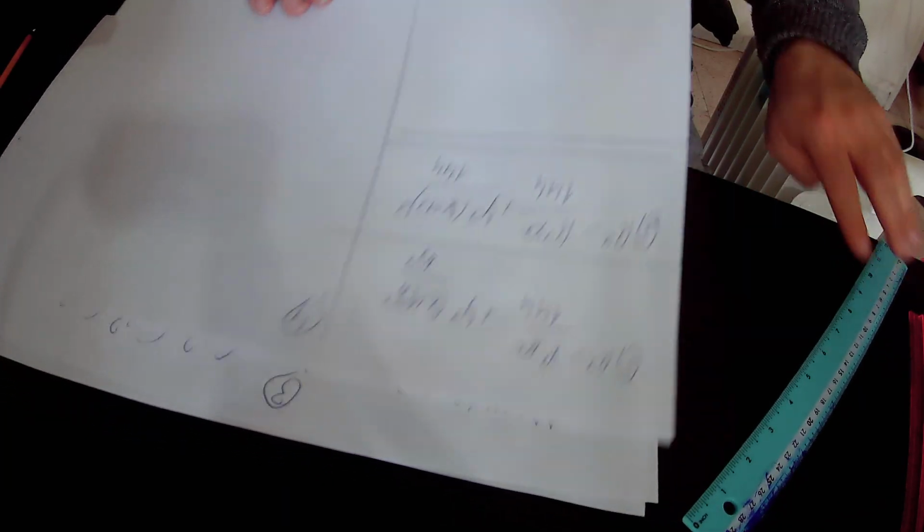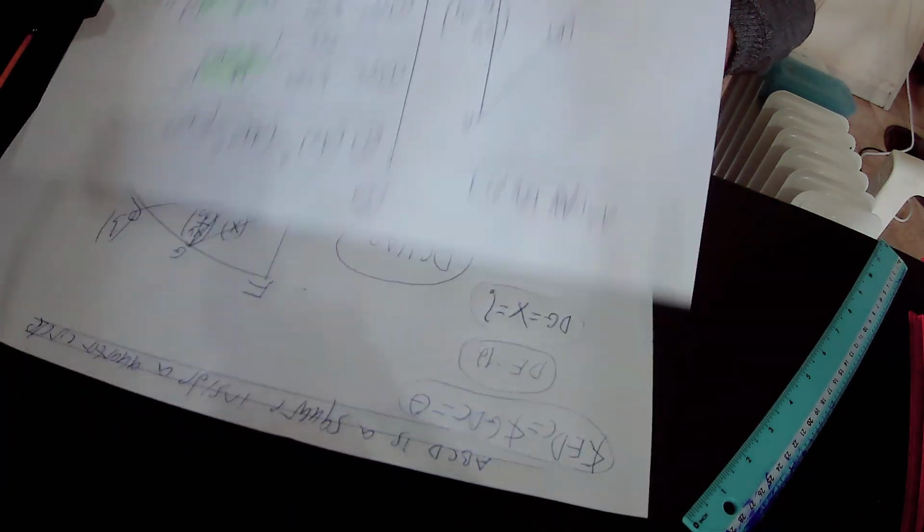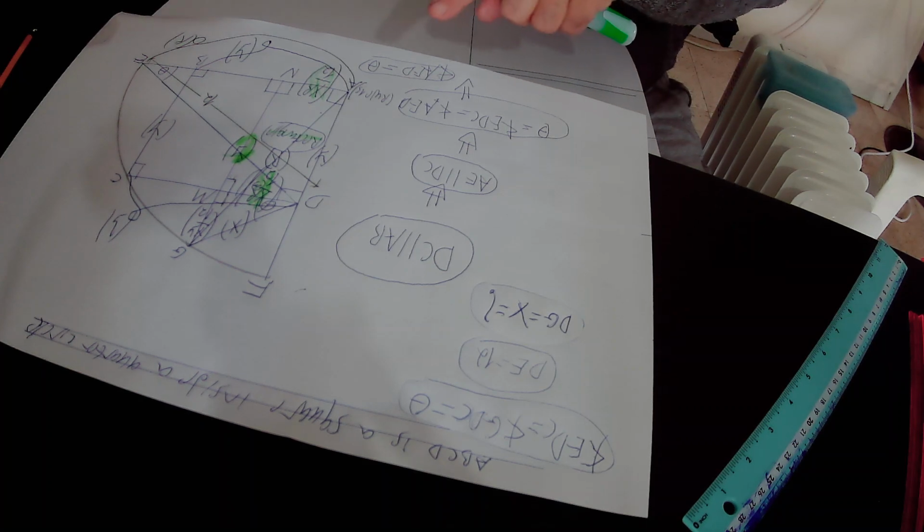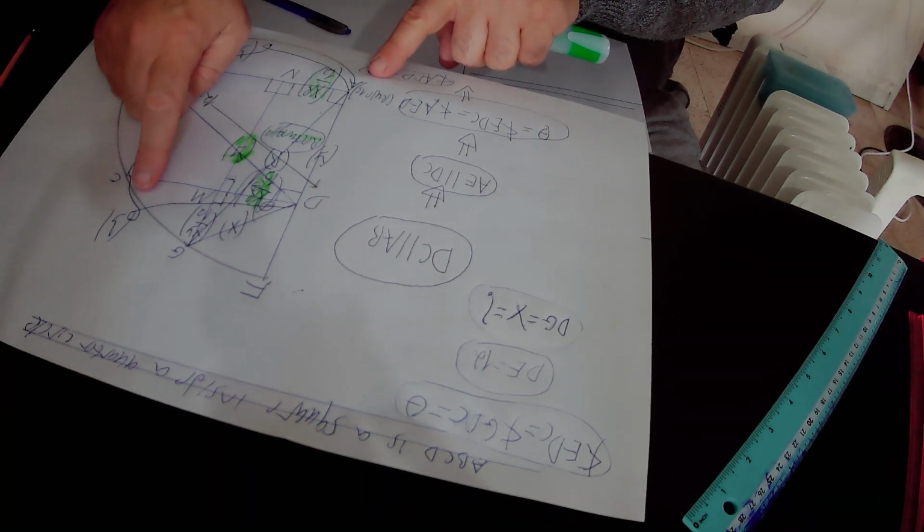In the next step, we will join points A and C together by a straight line.